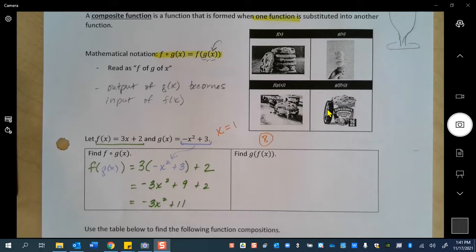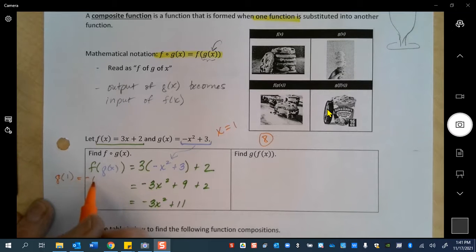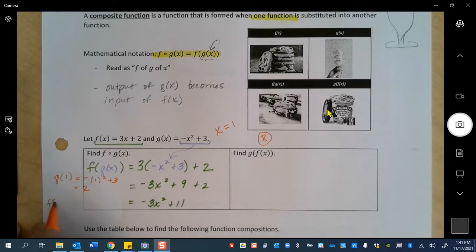So when we're talking about embedding a function, we want to make sure that we can figure that out. And I'll show you that math over here. If I said that g of 1 is equal to the opposite of 1 squared plus 3, which is equal to 2. And then I understand that f of 2 is going to be 3 times 2 plus 2, and that's where I got that 8.